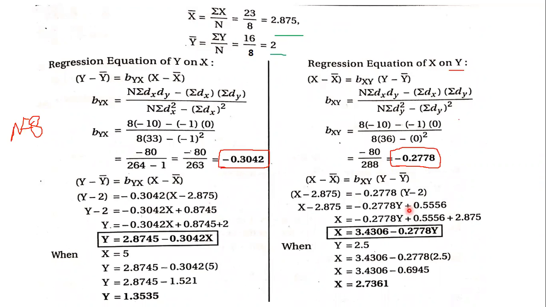So you get a plus value of 0.5556. Now in the next step, this minus 2.875 will come to the other side, so it will become plus. And your x on y equation will be x is equal to 3.4306 minus 0.2778y. So here you have got both regression equations, y on x and x on y.